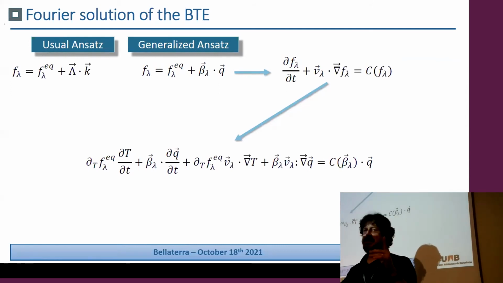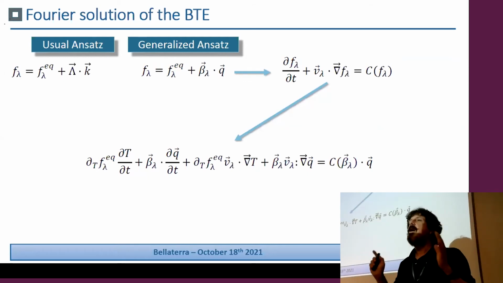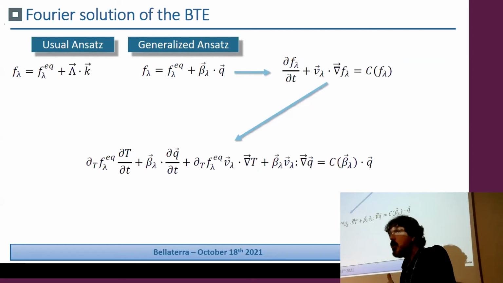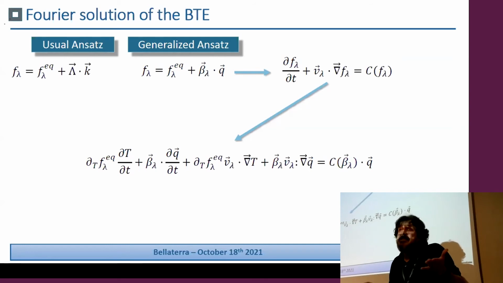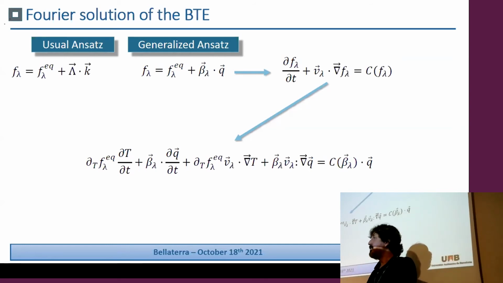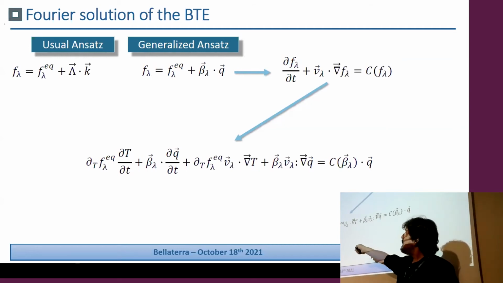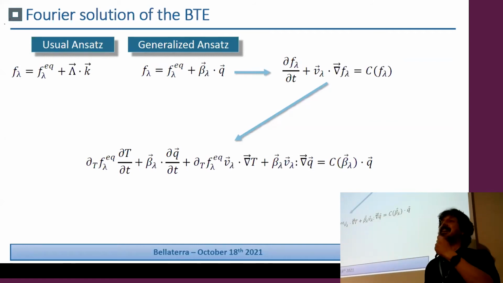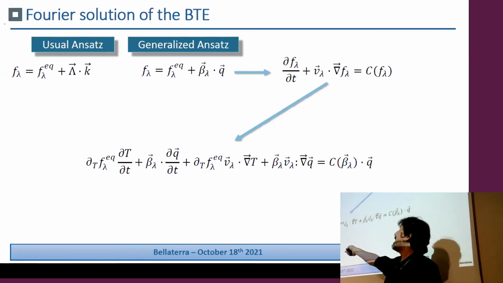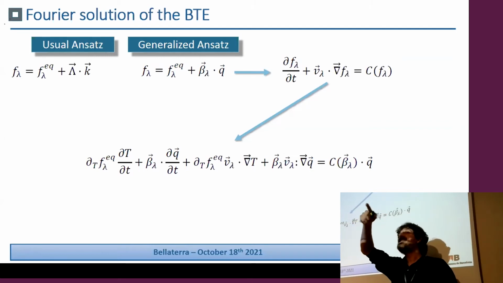Well, why do I say this? Because if you think about this sentence, if you don't have any collision other than normal collisions, you should get an infinite thermal conductivity, because you need resistive collisions in order to have a reduced thermal conductivity. So this is just a part of the story. At the end, when you have this distribution function, that is the usual one that you use when you have momentum conservation, the correct way to explain it is that, as the most important collisions are conserving the momentum, the destruction of the momentum is slow.